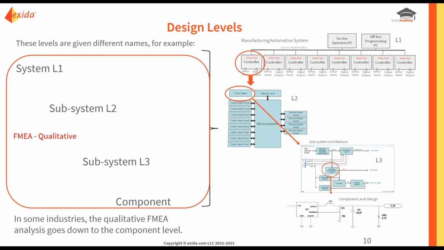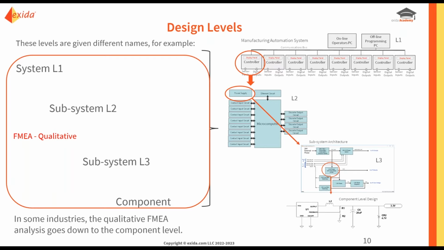I did talk briefly about a hierarchical design and different design levels. At Exida, we use the term system to mean the highest level of interest. In other words, we can't define what a system is, and nobody cares for FMEA purposes other than we pick some point to start our analysis, and it's sometimes obvious depending on the context of our work.